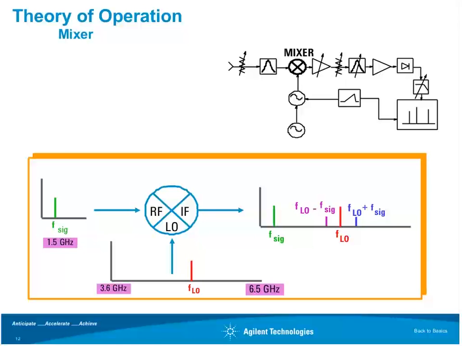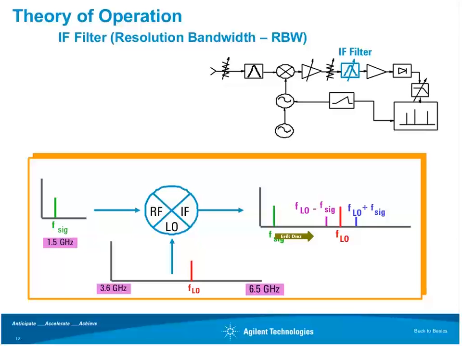Of course, the mixer is a nonlinear device, and so we end up with new frequencies that didn't exist before, and that would be the sum and the difference frequencies. And in particular, the one we're most interested in is the difference frequency, the difference between the LO and the incoming signal. That's going to be our IF frequency.